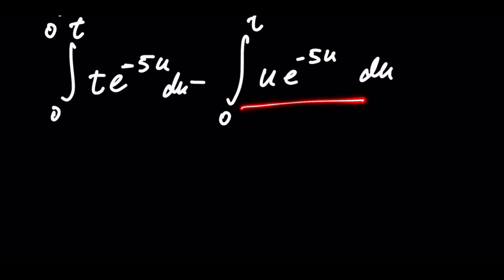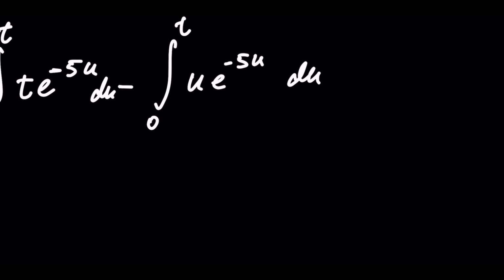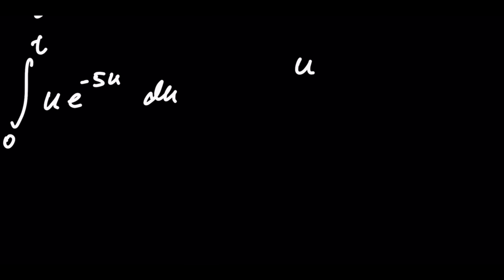Integrating this using tabular integration, so it becomes u, 1, and 0, e power minus 5u.